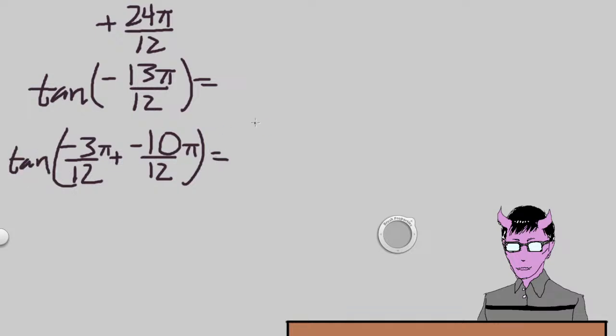Following the tangent algorithm, tangent of the first one, which is just going to be negative pi over 4. Yeah. The negative is kind of bothersome, but not super bothersome. And then, of course, copy paste the plus, not the minus.